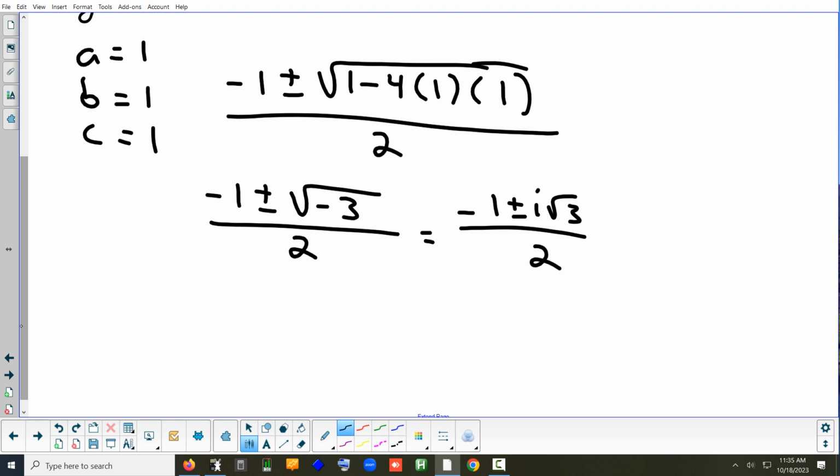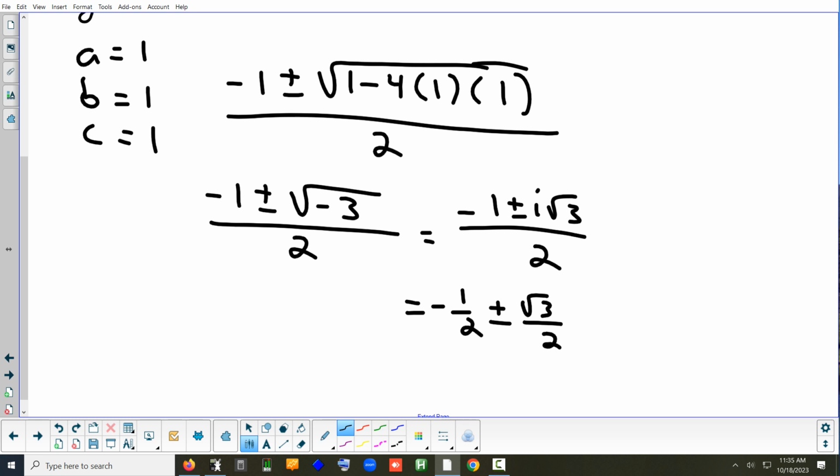If they ask us to separate it into a real and imaginary part, what's the real part of that number? Negative 1 over 2. And what's the imaginary part that would be in front of the i? Would it still be i square root 3 over 2, or is it just square root of 3 over 2?